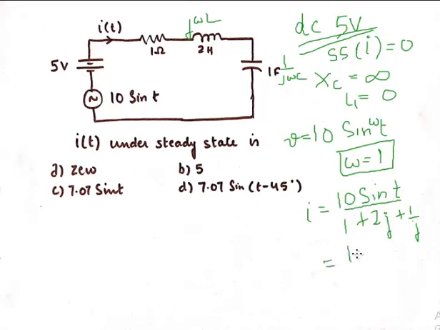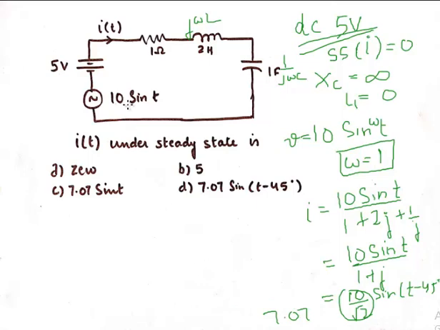So what we are left with is 10 sine t upon 1 plus j, and converting it into polar format, I get 10 upon root 2 times sine of t minus 45. Eventually this is 7.07, so the answer is D.